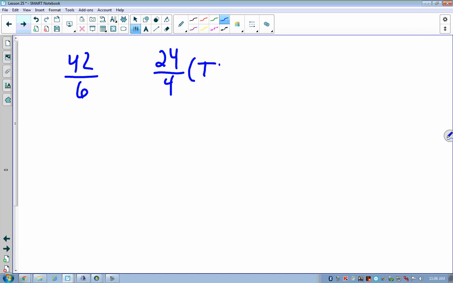So his t is t plus 2. This one is just t. So rate times time plus rate times time. And our question is, how long will it take them working together? Well, what's 42 divided by 6?